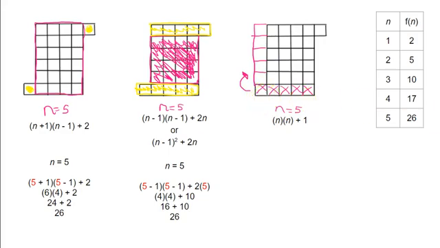And so now we have a square that is 5 units by 5 units and that's what the n times n represents. And so that's all of this in here, plus our one extra unit, which is this one extra square here.